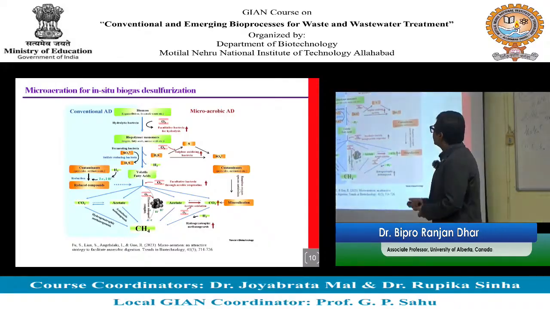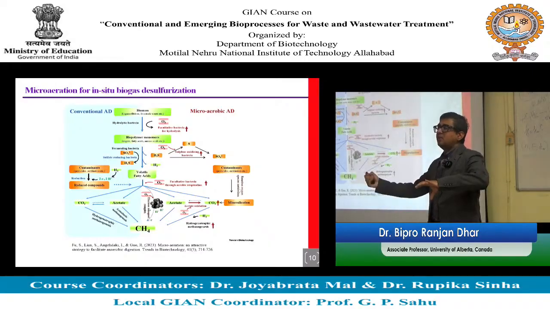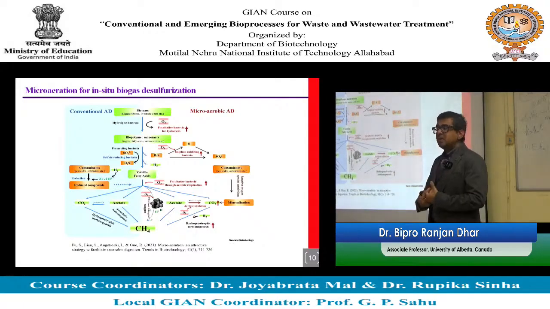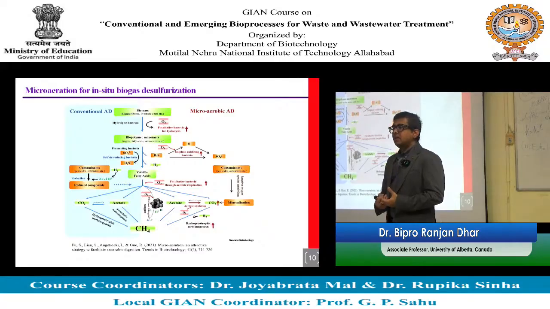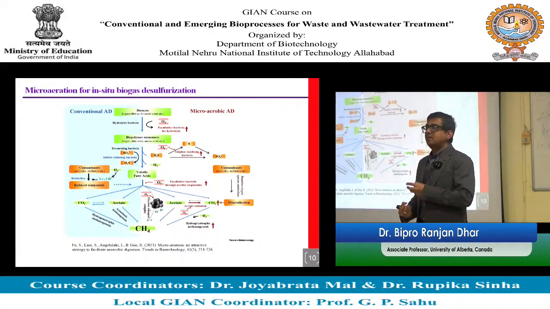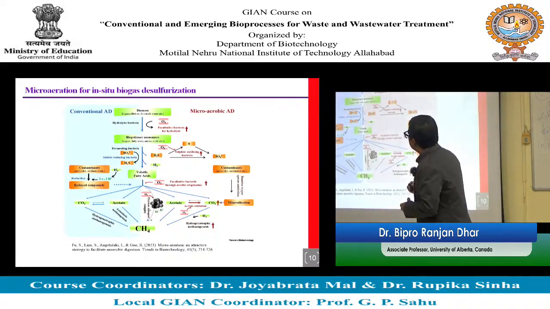At the same time, the process also produces hydrogen sulfide. For example, if you break down the protein, you have different types of organosulfur compounds. And at that time another thing happens. When you have soluble organics, sulfate reducing bacteria use some of those soluble organics like VFAs, and they convert sulfate to hydrogen sulfide.